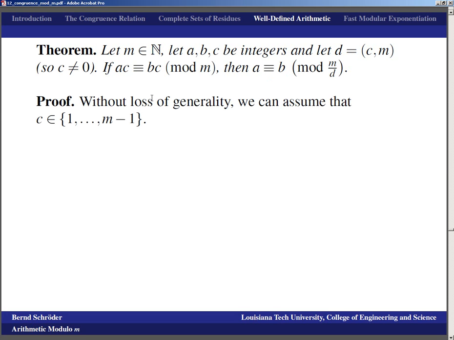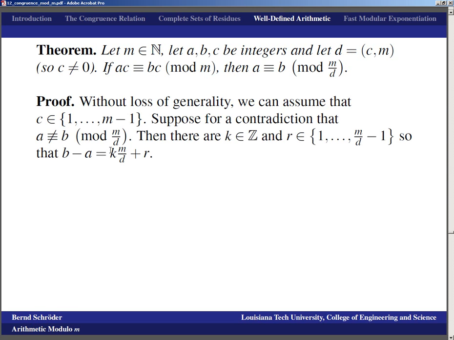Okay, so without loss of generality, we can certainly assume that c is a number between 1 and m minus 1, because it's not 0 and it's an integer modulo m, so we could use the right representative here to work things out. And we can suppose for a contradiction that a is not equivalent to b modulo m divided by d.